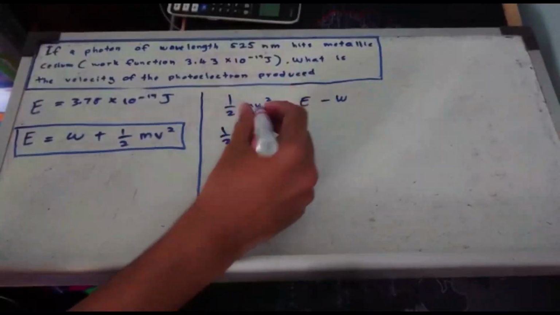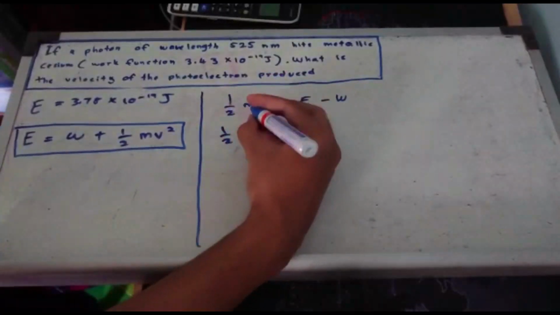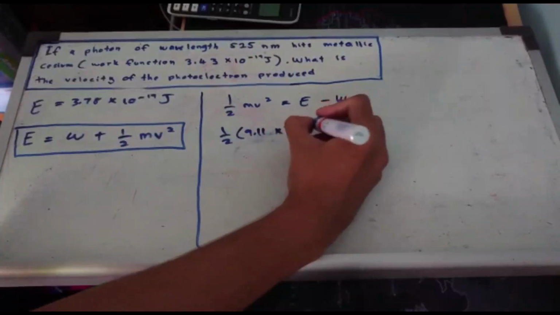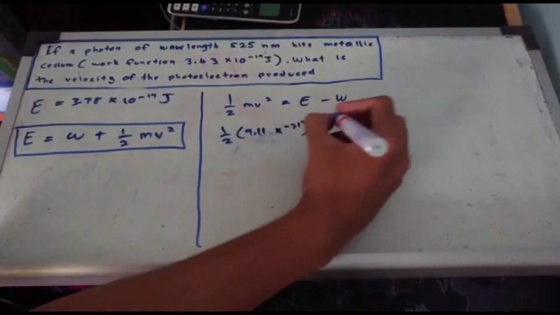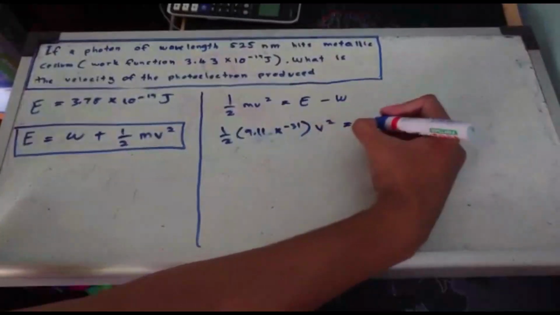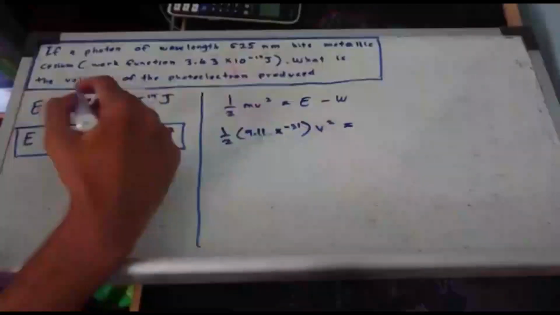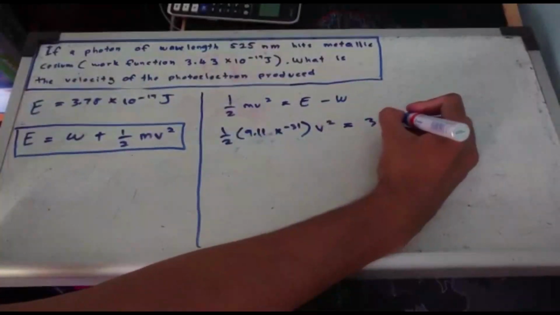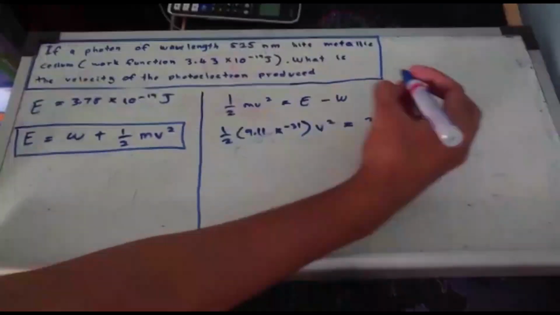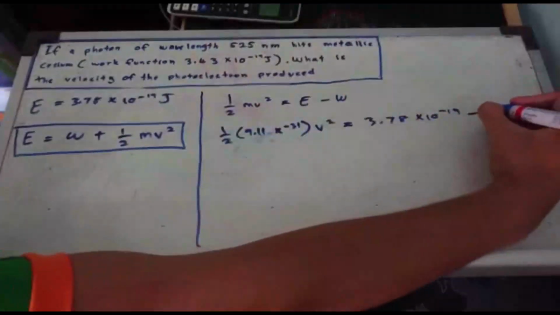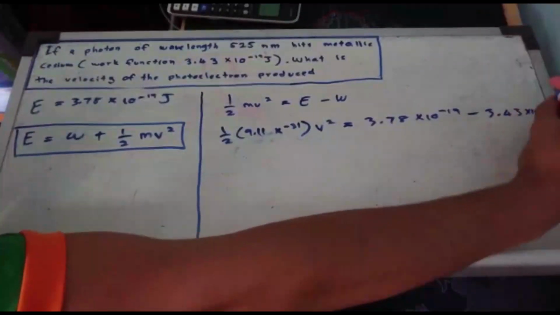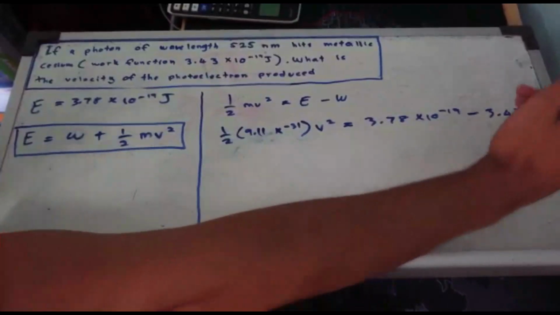So we plug in the mass of the electron, which is 9.11 exponent negative 31, times v squared, equal to the total energy of the photon, 3.78 exponent negative 19, minus the work function of the cesium, 3.43 exponent negative 19.